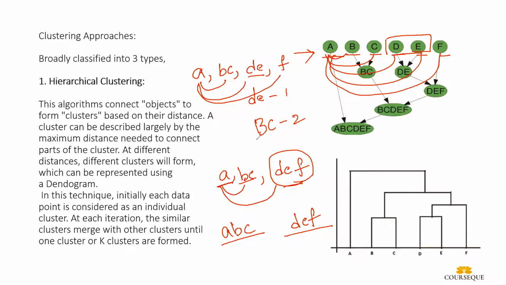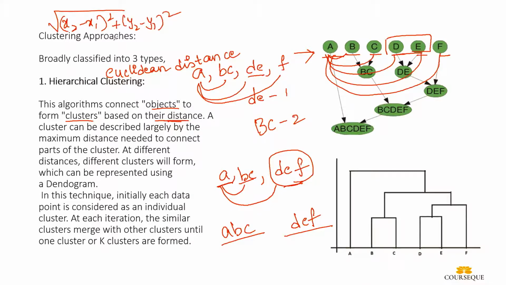So this algorithm connects objects to form clusters based on their distance. What type of distance metric does it use? It uses Euclidean distance metric. We know this Euclidean distance, guys. We have learned this in our schooling. Root over x2 minus x1 whole square plus y2 minus y1 whole square.